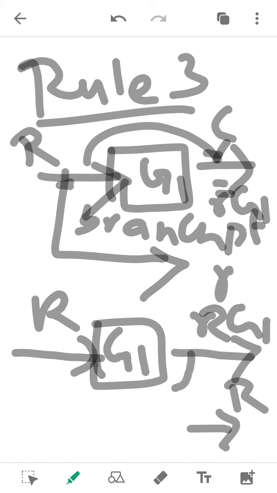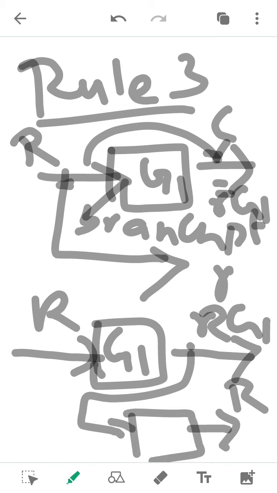So I have to move this branch point here at this particular point. So I want to have R as the output, but here the signal is RG1. So what should be done to make the signal converted to R? Just I need to include the inverse of the transfer function of the block ahead of which I am going to move this particular branch point.